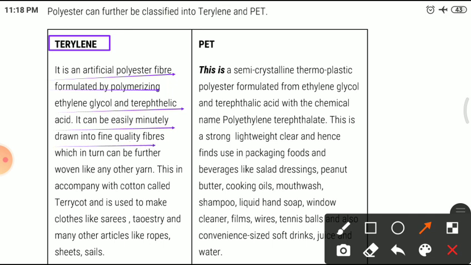It can be easily drawn into fine quality fibers, which in turn can be woven like any other yarn. This, in combination with cotton, is called terrycot, and is used to make cloths like saris, tapestry and many other articles like ropes, sheets, sails, etc.